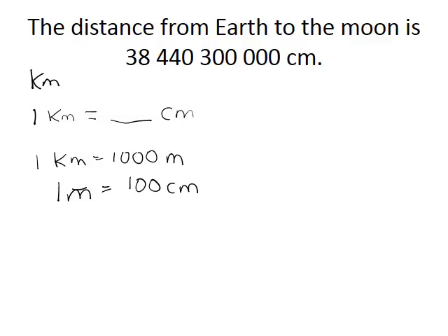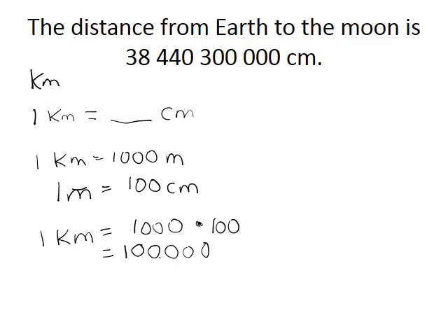So to figure out how many centimeters there are in a kilometer, we are going to multiply 1,000, because there's 1,000 meters, and in each of those 1,000 meters there's 100 centimeters. So we'll multiply 1,000 times 100. When you're multiplying like this and you have all the zeros, you can actually just write that many zeros after the 1. So we have 1 and then 5 zeros: 1, 2, 3, 4, 5, and I have my comma here. So that means that 1 kilometer is equal to 100,000 centimeters.